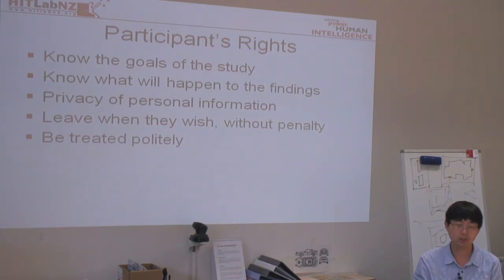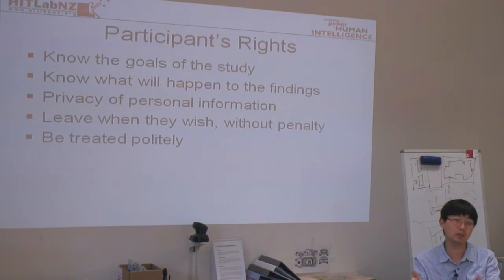Of course, in some studies you might want to prevent them from knowing the final goals at the beginning of your user study while they are doing certain tasks. So you might start by not exposing the final goals at the beginning, but at least at the end, if they're interested, you should be able to tell them what your intentions were with doing this kind of study.